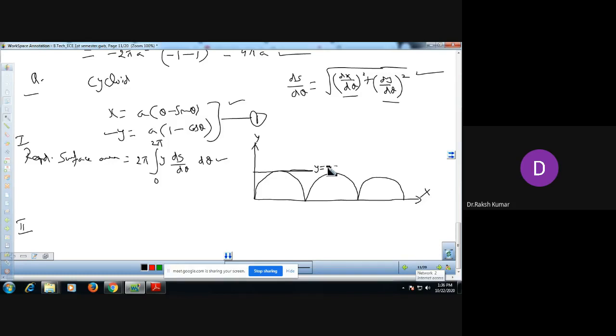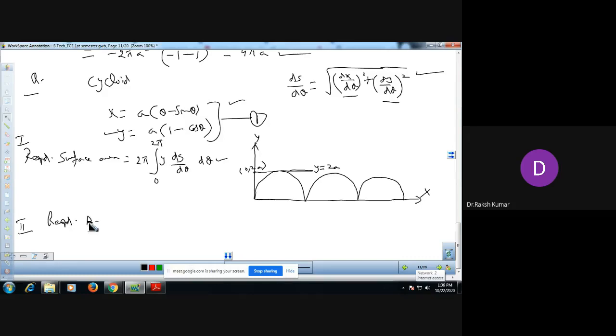This is the line y is equal to 2a. It means this point is (0, 2a). Remember? So if this is y is equal to 2a, this is the equation of a line. Now you can find out the surface area.